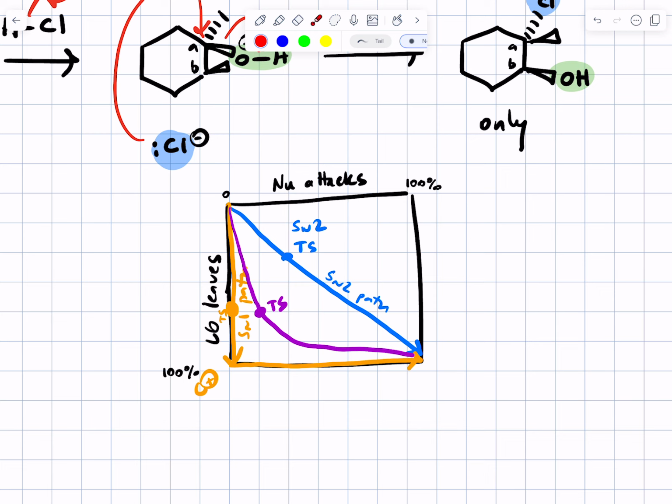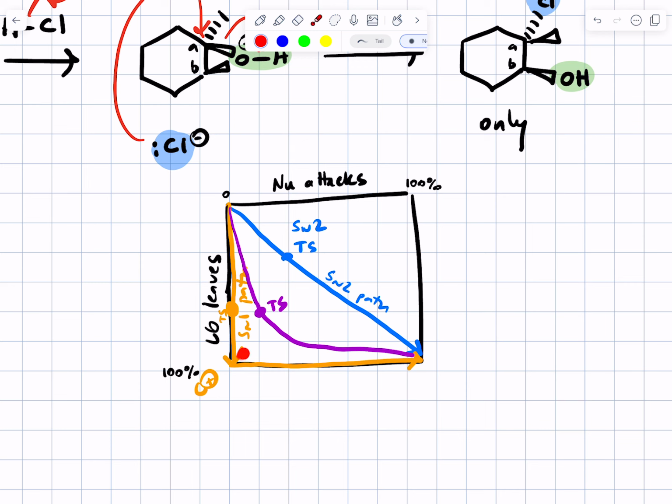If instead we follow the blue pathway, where the nucleophile attacks at about the same rate as the leaving group leaves, that's what we've defined as SN2. We haven't even drawn a pathway along the top where the nucleophile attacks first and then the leaving group leaves, because that would require a carbon with 5 things bonded to it, which is not a good intermediate.